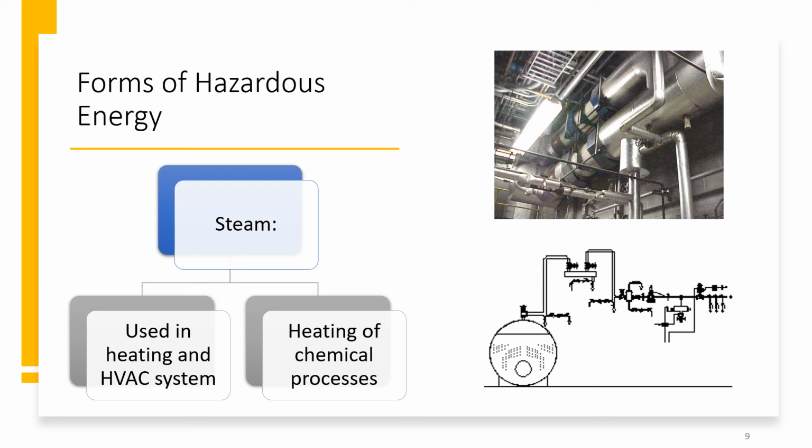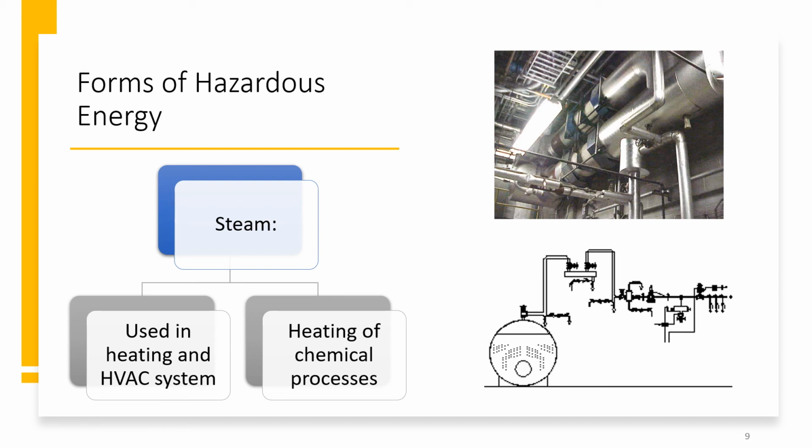But one thing that steam is very good for is heating up chemical processes. So it's not going to obviously have a spark and a flame and all that kind of stuff. So if anything's flammable, it does a really good job of getting that heated up in a very, very safe state. And it's used in the heating and the HVAC systems out there.